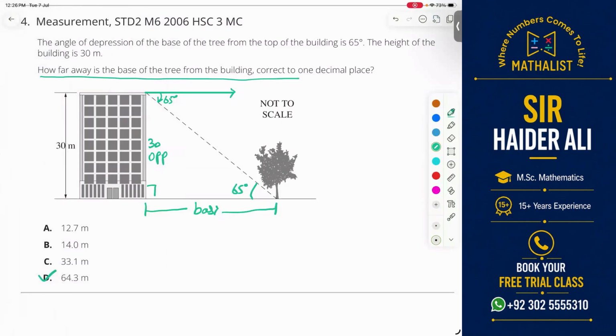No, wrong option. Your answer is D, but B answer is accurate.